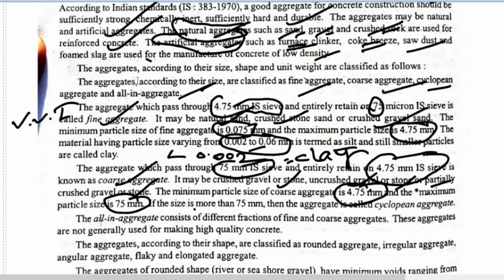Maximum particle size of fine aggregate equal to 4.75 mm and maximum particle size of coarse aggregate equal to 75 mm. ये भी very important.